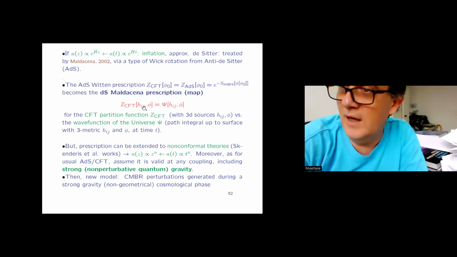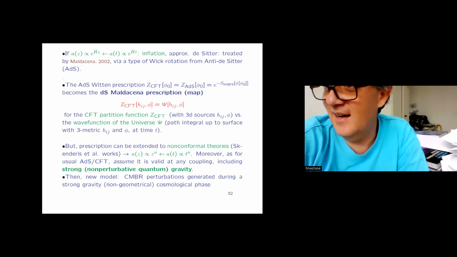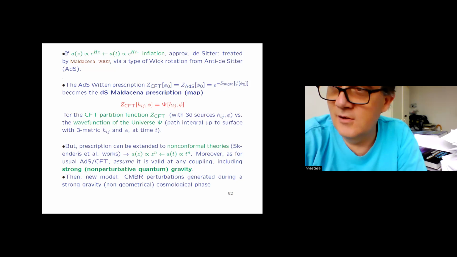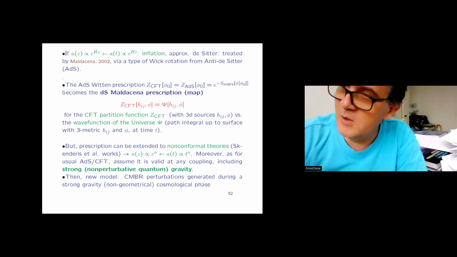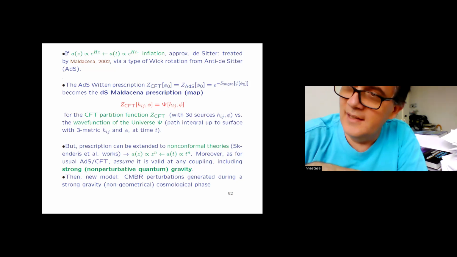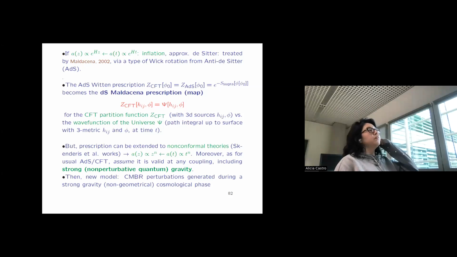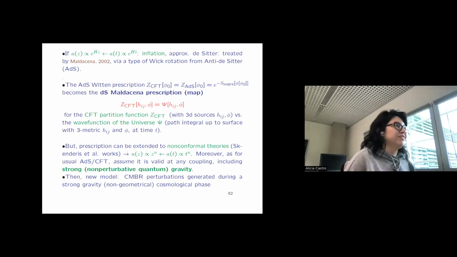It's a source for what? What couples to H_ij? T_ij, the energy momentum tensor. So this is just the source for the energy momentum tensor. And so when I vary with respect to it, I get 2-point functions, in particular for T_ij, right? That's why it doesn't appear anymore in all the actions you're showing us.